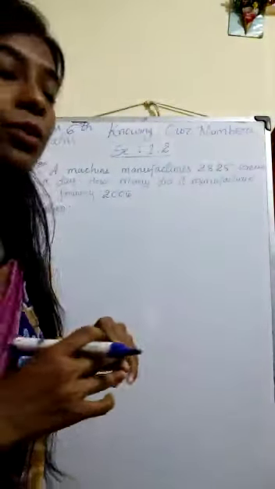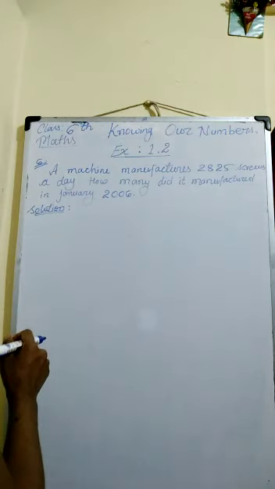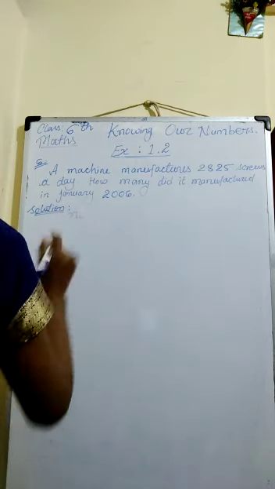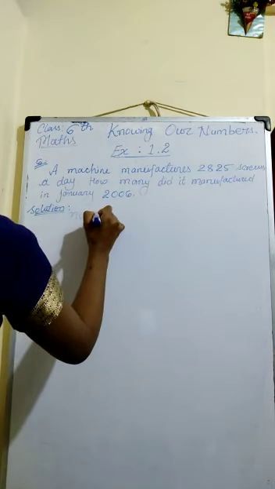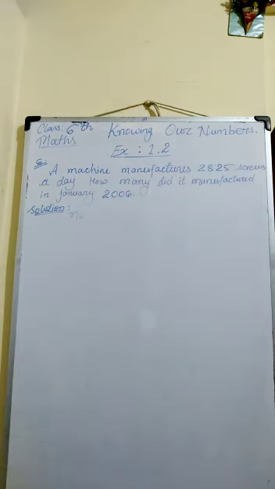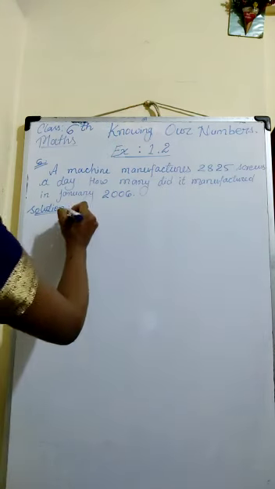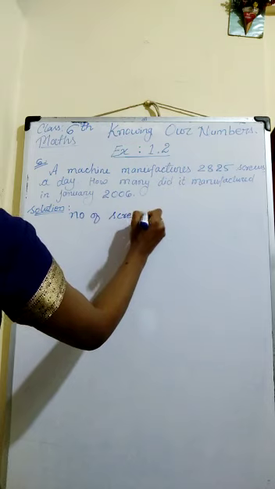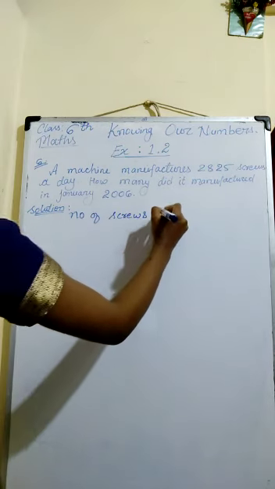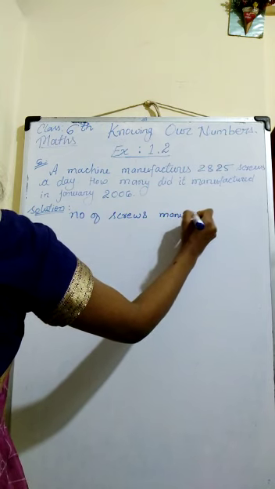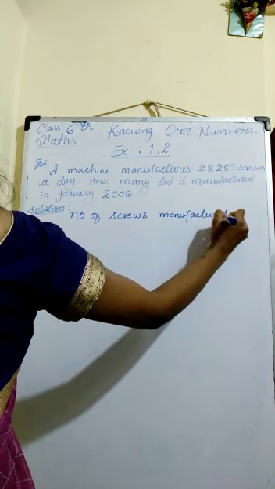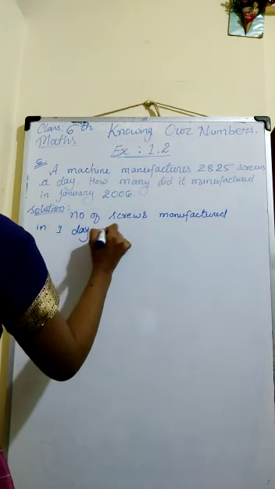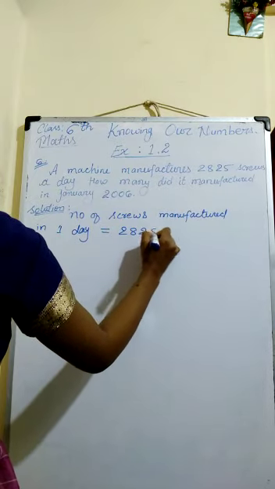First of all, we can see that the number of screws manufactured in one day is equal to 2825.